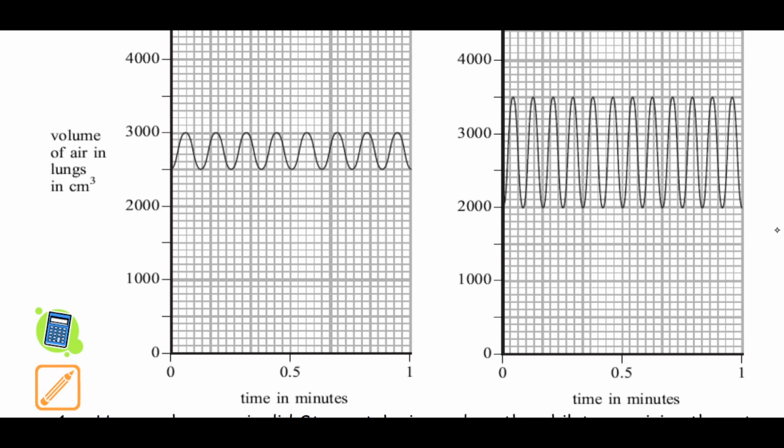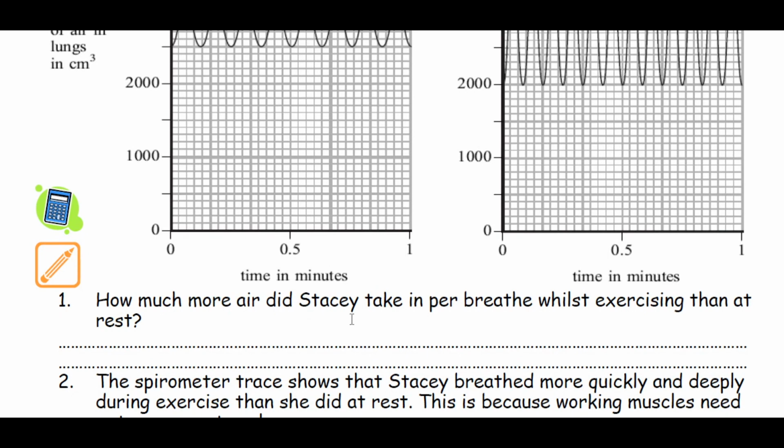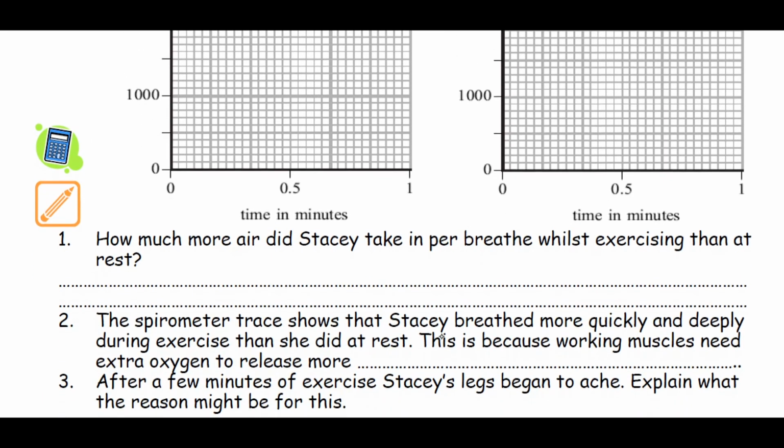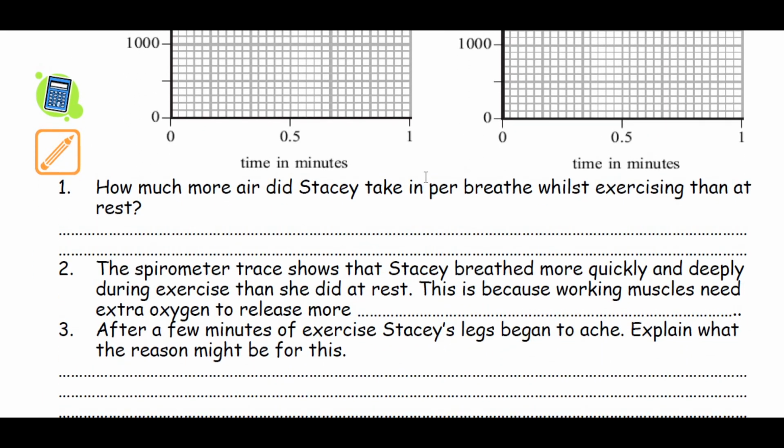So she's making more breaths in the time period than she did when she was at rest. So you have to calculate how much more air did Stacey take in per breath whilst exercising than at rest. So what's the difference between the volume here, the 1,500 and the 500? So that's fairly straightforward. Please show your workings out and the correct units.